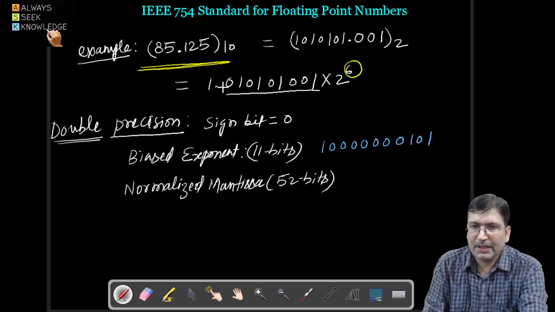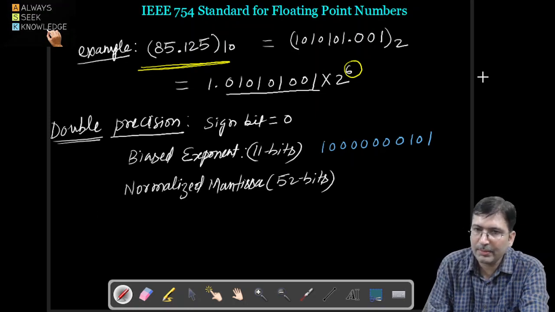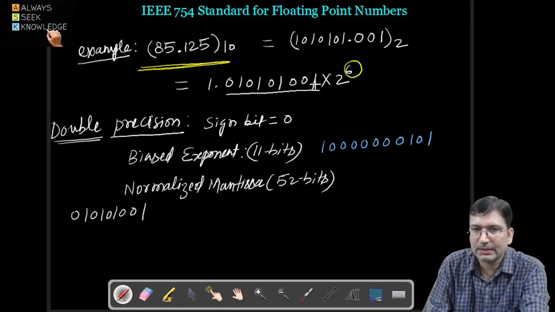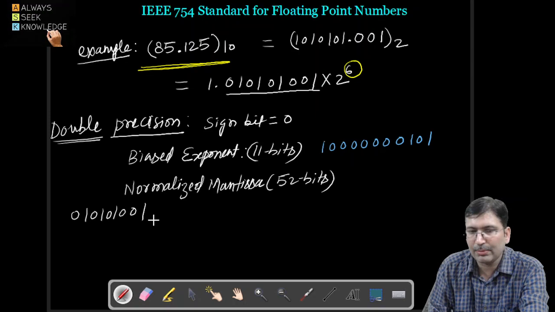So the mantissa part is 0 1 0 1 0 1 0 0 1. These are 9 bits.